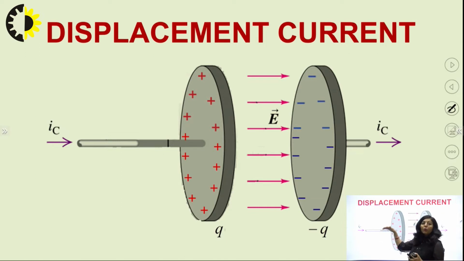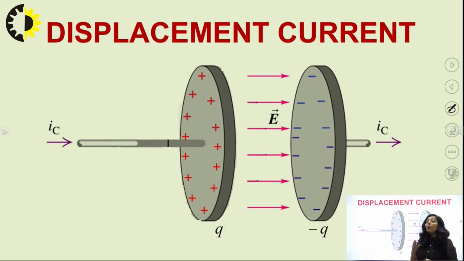And because of the movement of those electrons, you will have that ordinary conduction current, which is due to flow of charge. That is your ordinary current. So, as I mentioned, two types of currents will be there. The first one, which is there in connecting wires, is because of movement or flow of charge.